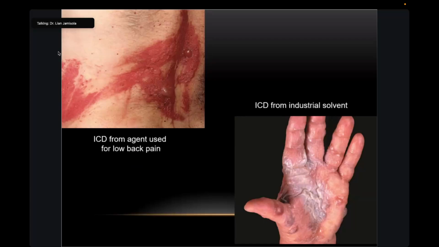Have you heard of katialis? Sa mga lola nyo, naglalagay. Yeah, very common yun. And then industrial solvent, ayan. Pagka napasok kayo with, let's say, Zonrox or muriatic acid, for example, your hand, napaso ng muriatic acid cause that. This is ICD. It's irritant contact dermatitis.